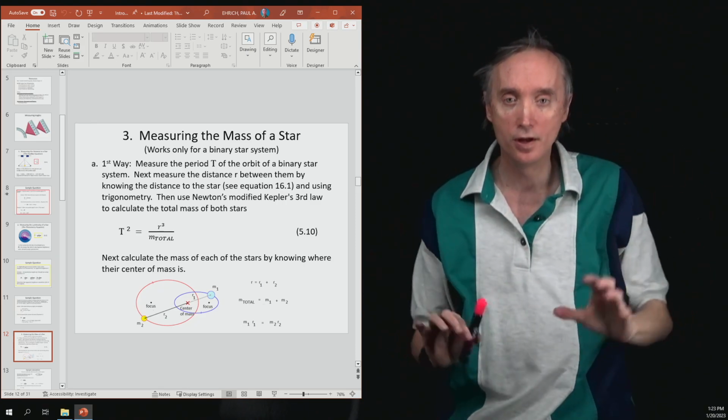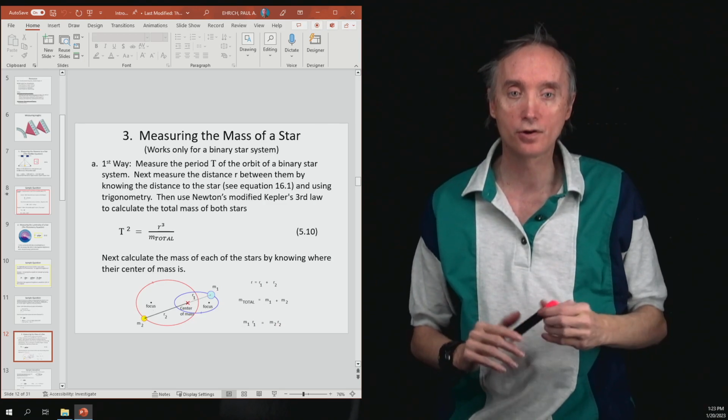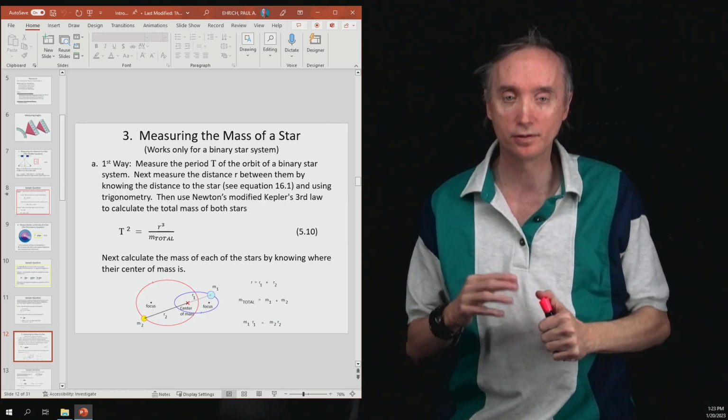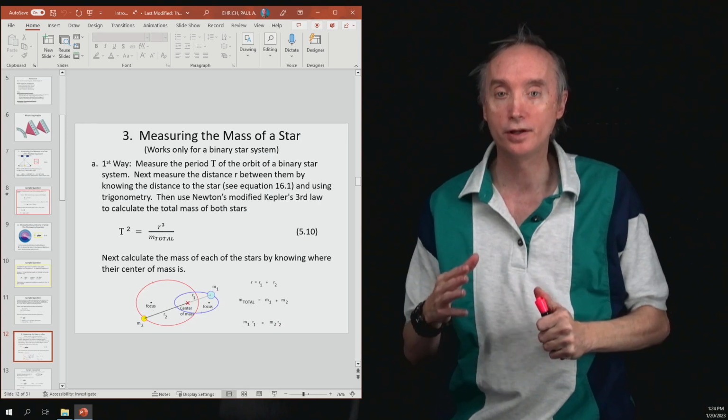So it was all related to each other according to that formula there. So that's equation 5.10.